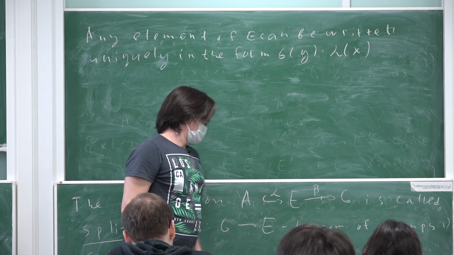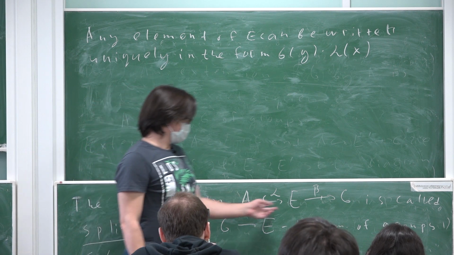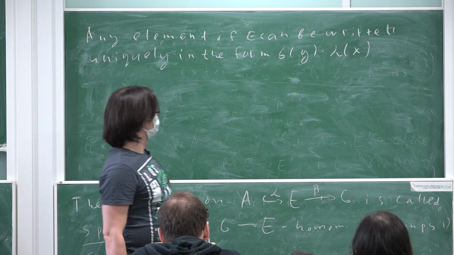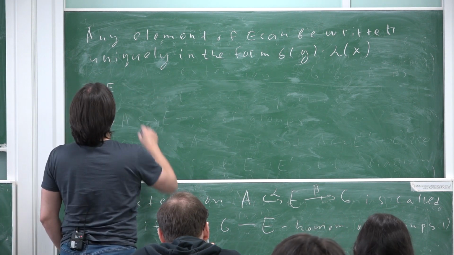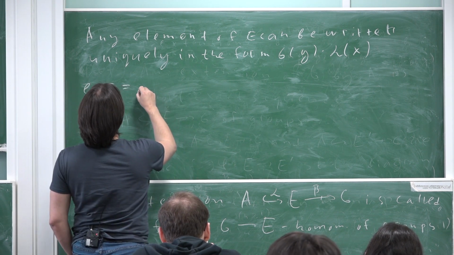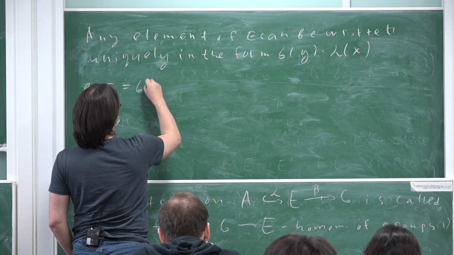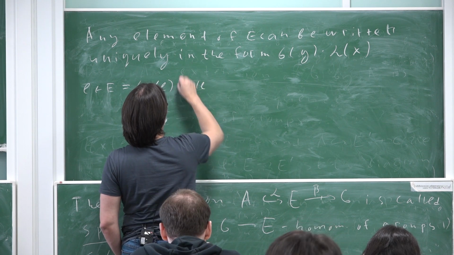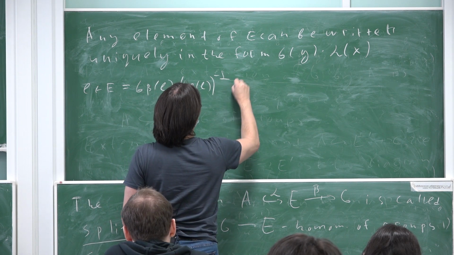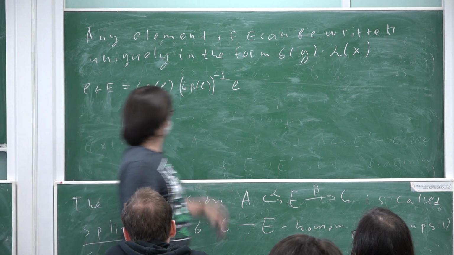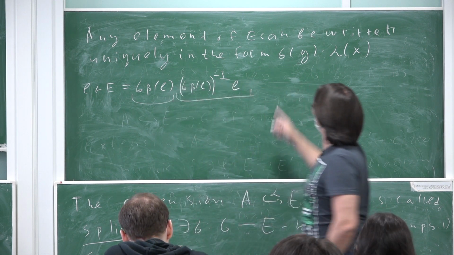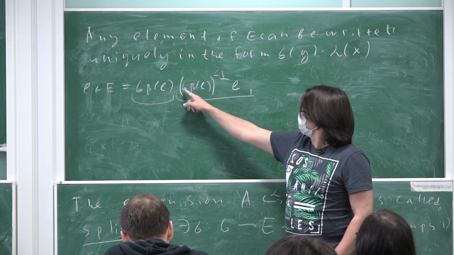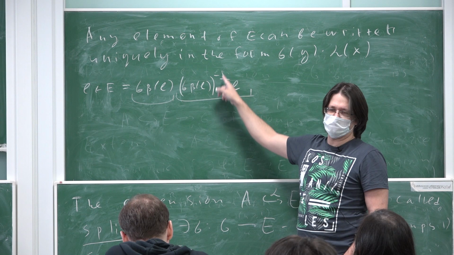Because the sequence is exact. Yes, so if you have some e in E, you simply write it as follows: first you take sigma of beta of e, and then you write sigma beta of e inverse times e, yes, because this guy is of course sigma of something, and this guy, if you apply beta now, you will get 1, yes, because beta sigma is identity, so you will get beta of e minus 1 times beta of e.